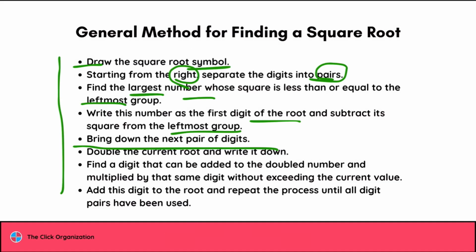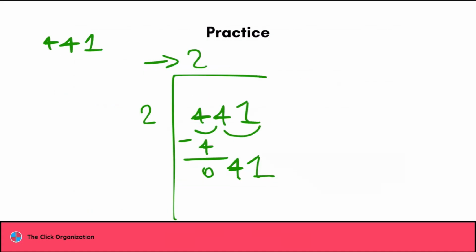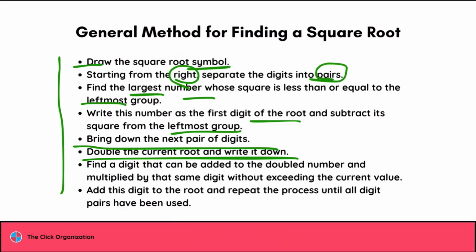Okay, the next part, double the current root and write it down. My current root is 2, so I need to double it. The double of 2 is 4, the same as its square. Okay, I wrote it down. What else? Find a digit that can be added to the doubled number and multiplied by that same digit without exceeding the current value.